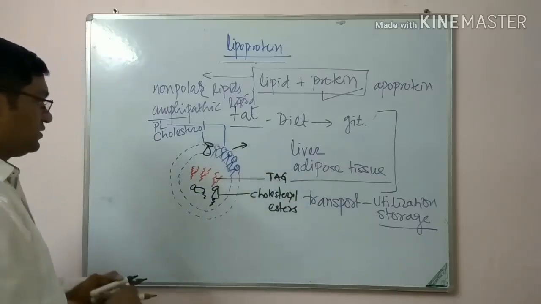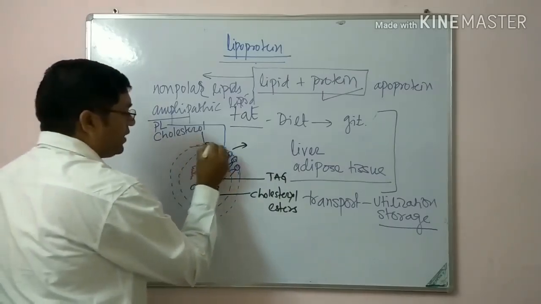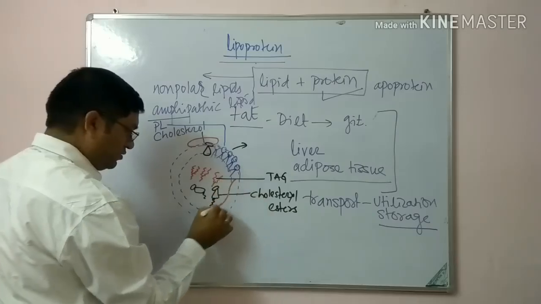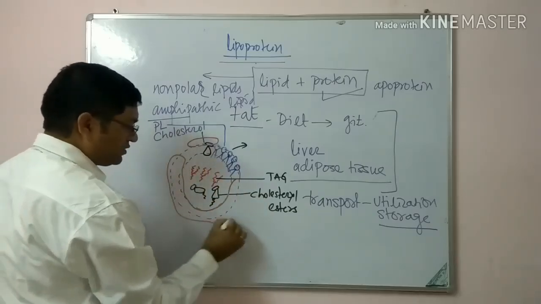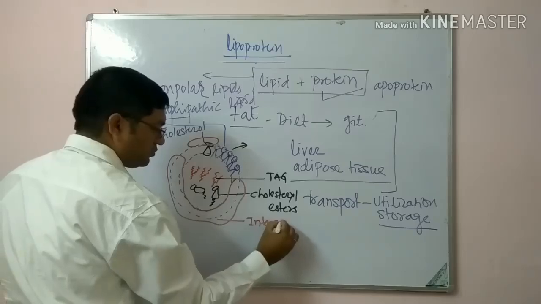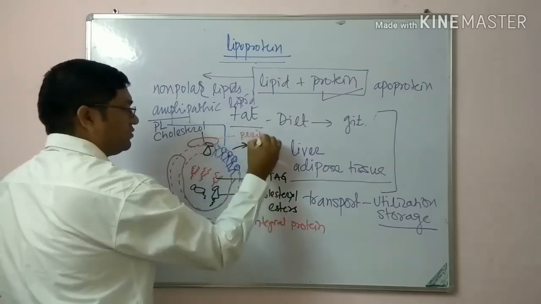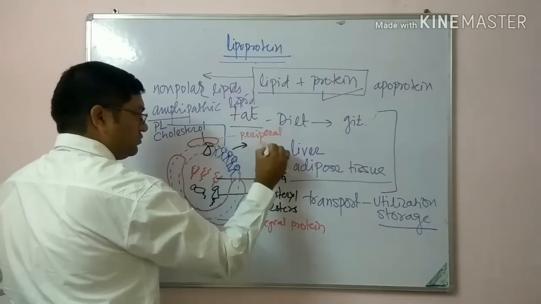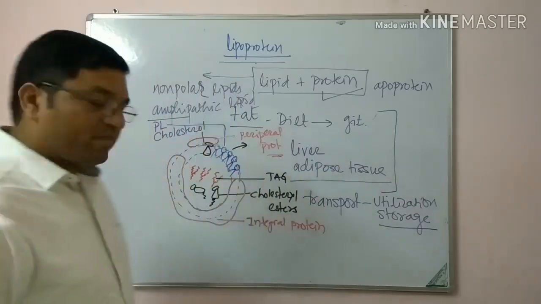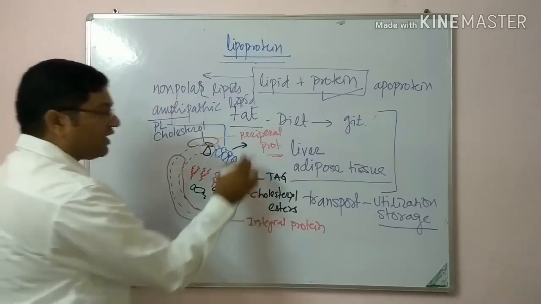Then it also has peripheral proteins and integral proteins. So this is integral protein, this is peripheral protein. So this is the structure of lipoprotein. It is made up of lipids, that is non-polar and amphipathic, and protein, that is integral and peripheral.